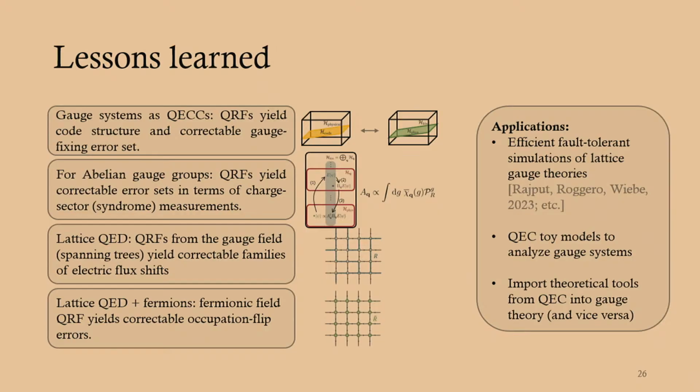But this could give a way to generate broader toy models. And lastly, a connection between these two topics can help us import tools from one side to the other. So we can either try to understand gauge theories via tools from quantum error correction, or quantum error correction codes via tools from gauge theories.